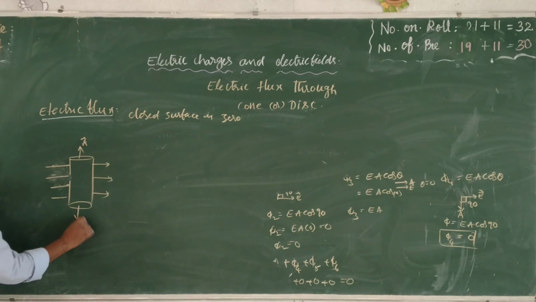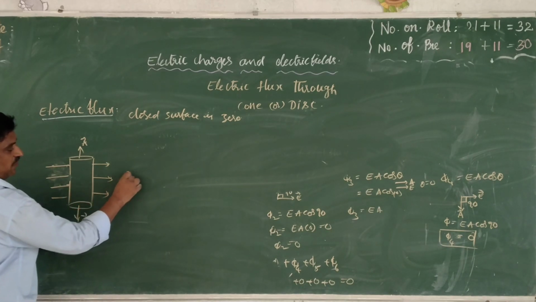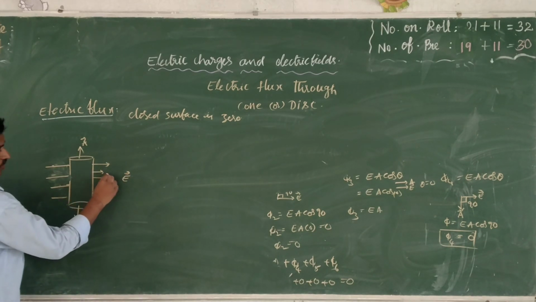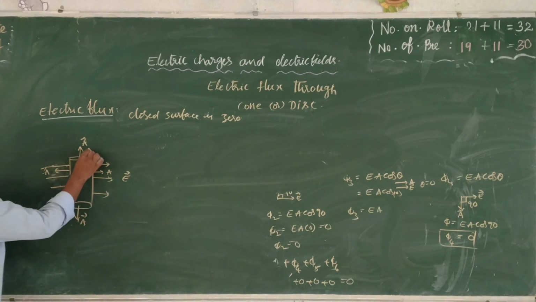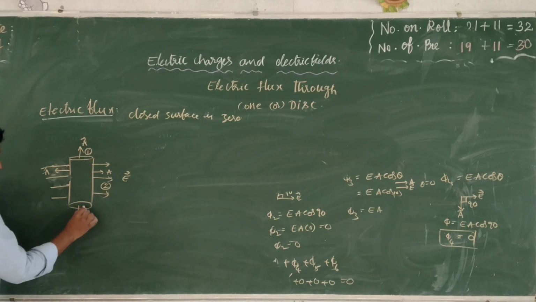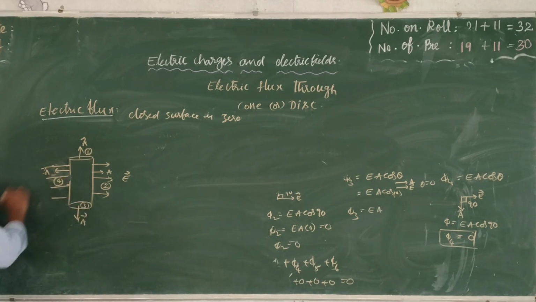This is the area vector for this surface, and this is the area vector for that surface. This is the electric field direction. For example, we can take the first surface, second surface, third surface, and fourth surface.